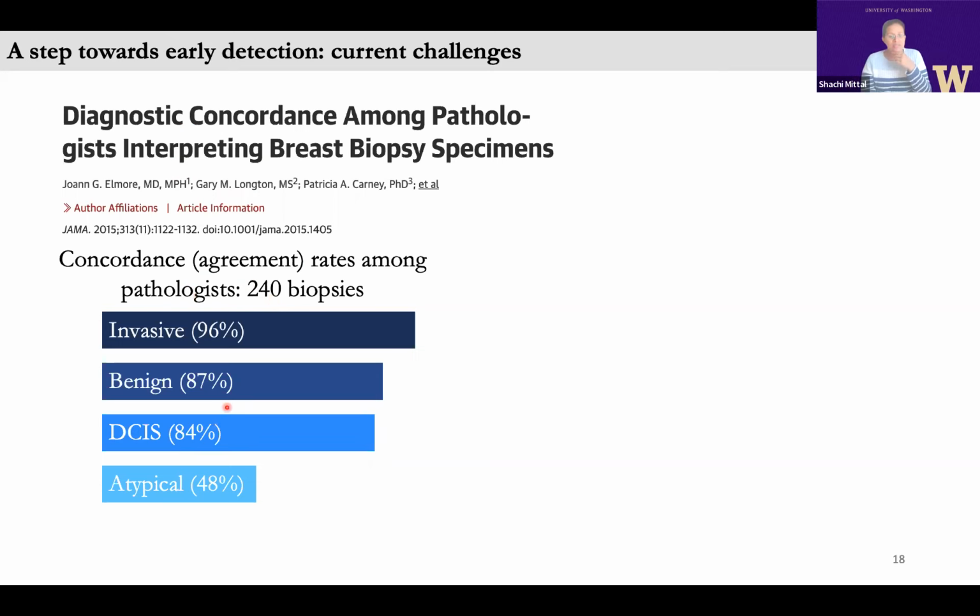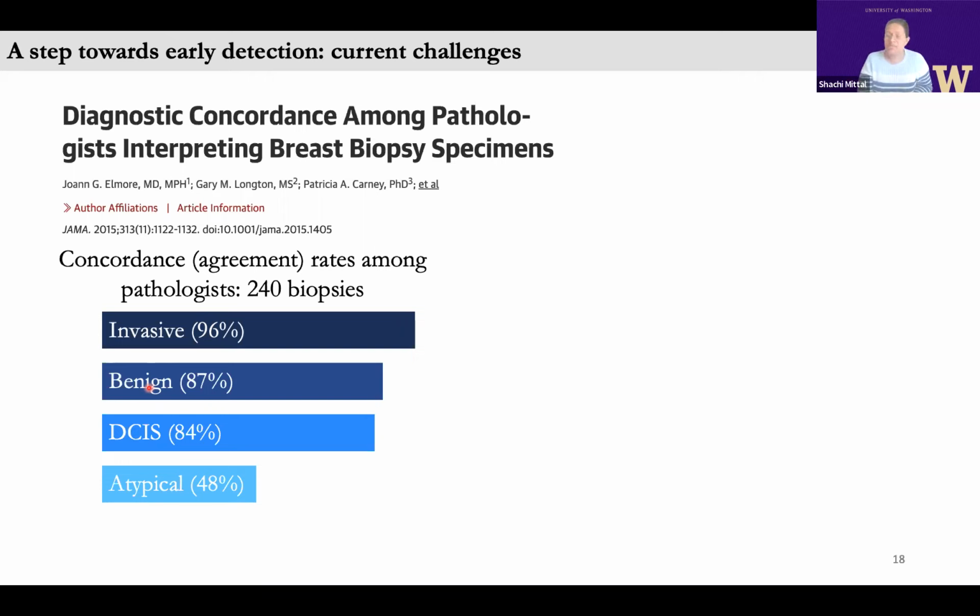And here in percentages, you were seeing the concordance or percentage agreement between these clinicians. For advanced stage disease, which is where we can do very little to save the patient, the percentage agreement was very high, 96%. For absolutely normal cases, the percentage concordance was not high because it's still 87%.